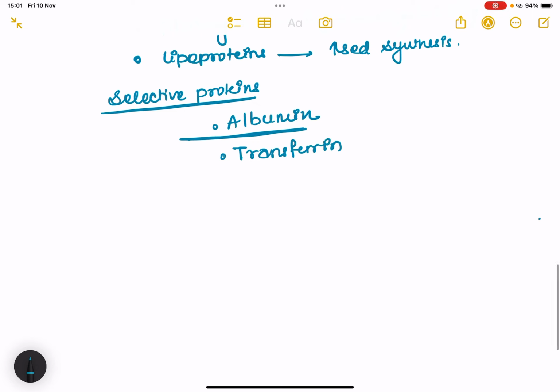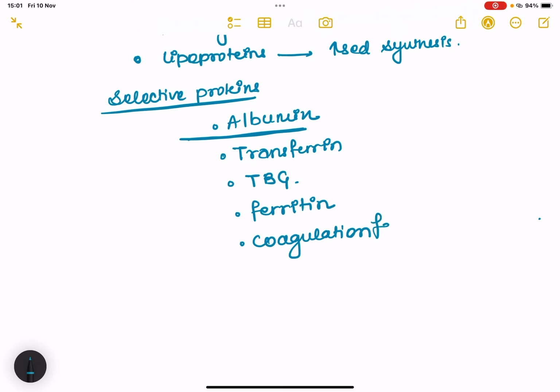Next is thyroxine binding globulin. Next is ferritin. Next are coagulation factors. Next is antithrombin 3. Okay, so this is all about the proteinuria that is present in minimal change disease.